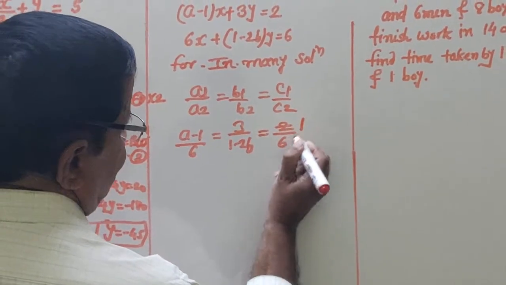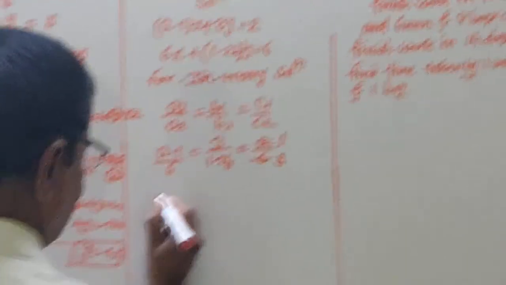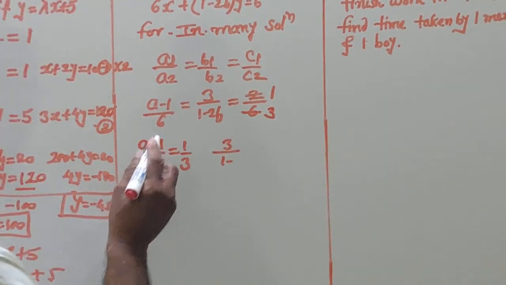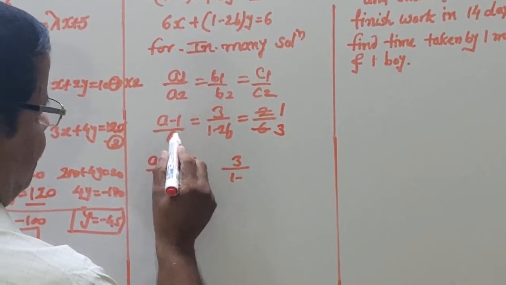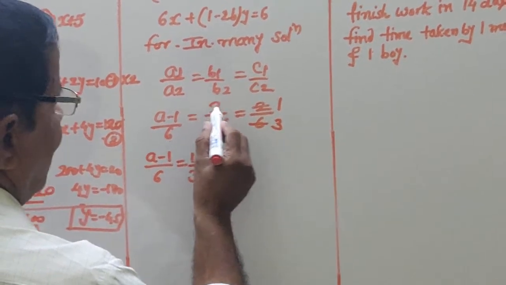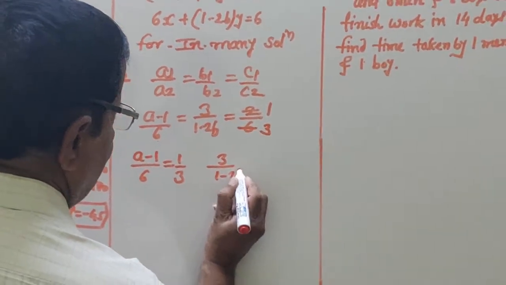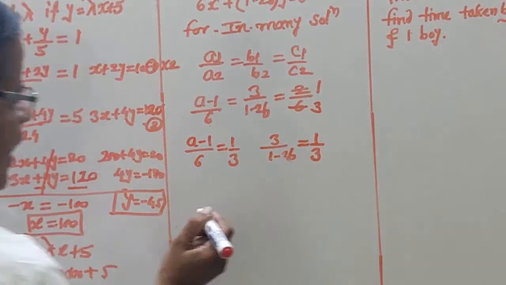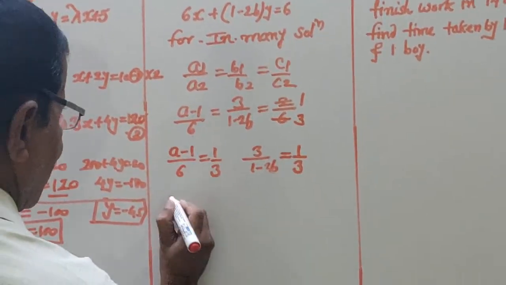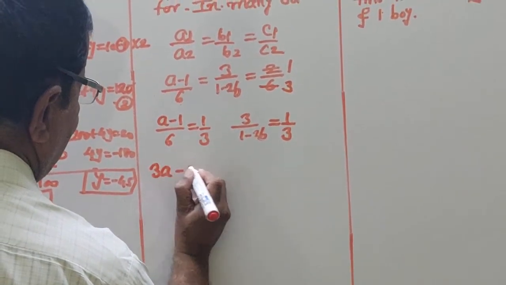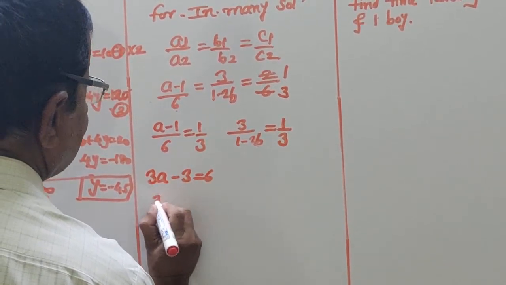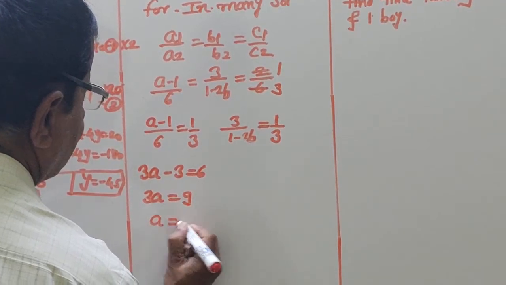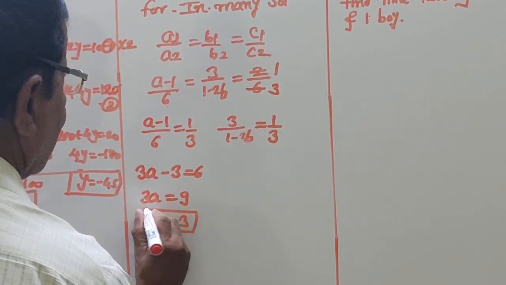Now I can cancel, so 1 by 3 will come here. Now I equate a minus 1 upon 6 is equal to 1 by 3 and 3 upon 1 minus 2b is equal to 1 by 3. By simplifying I will get the values of a and b. Now cross multiplying, 3a minus 3 is equal to 6, so 3a is equal to 9, and a is equal to 3.